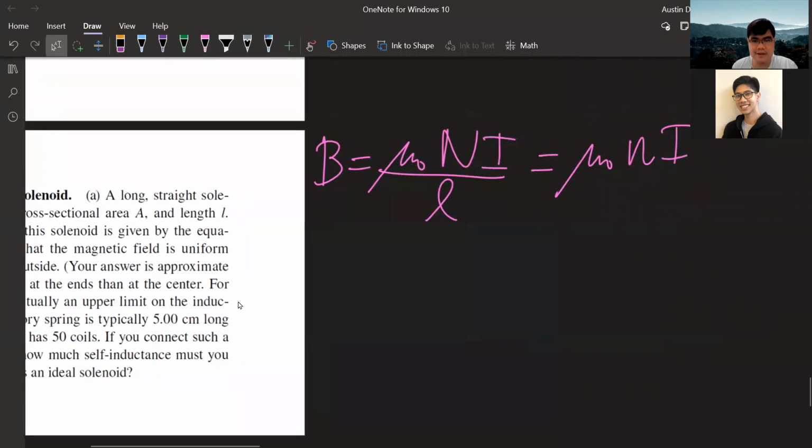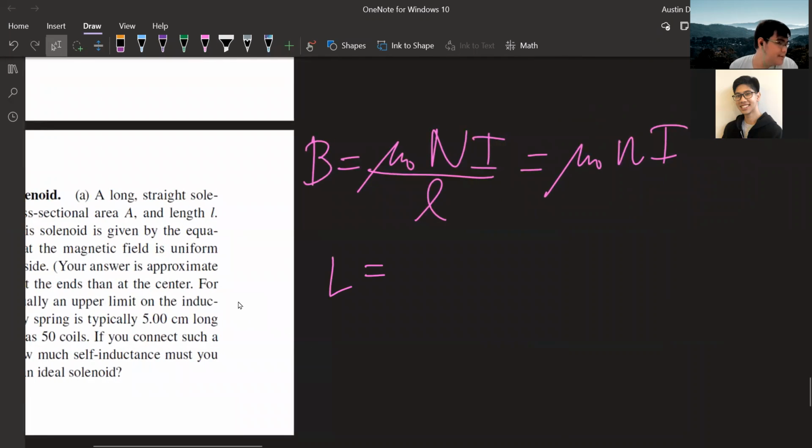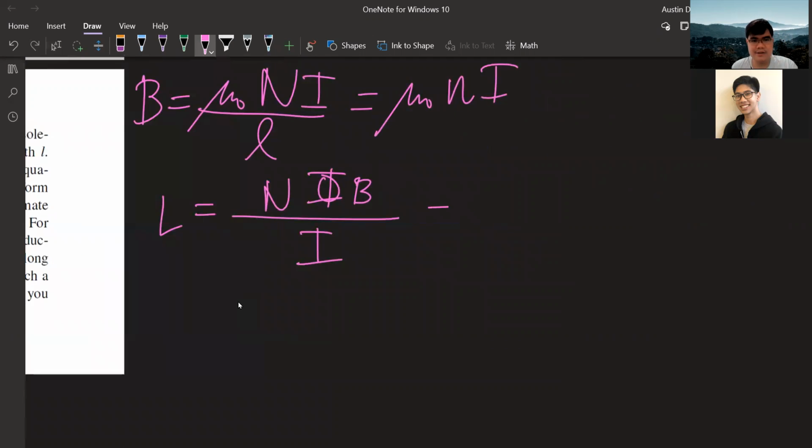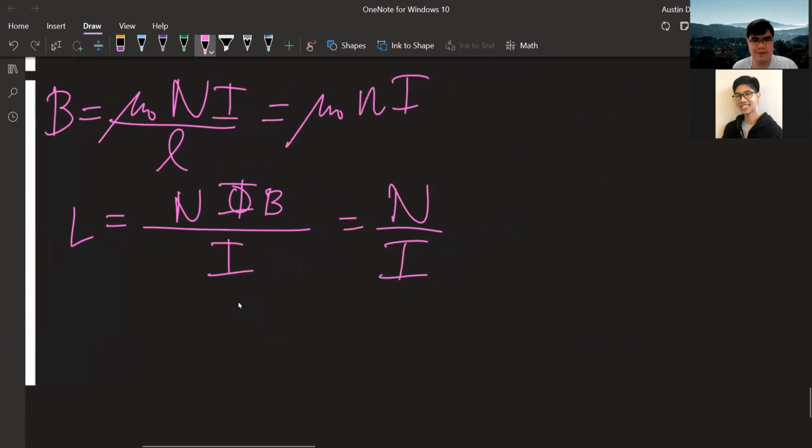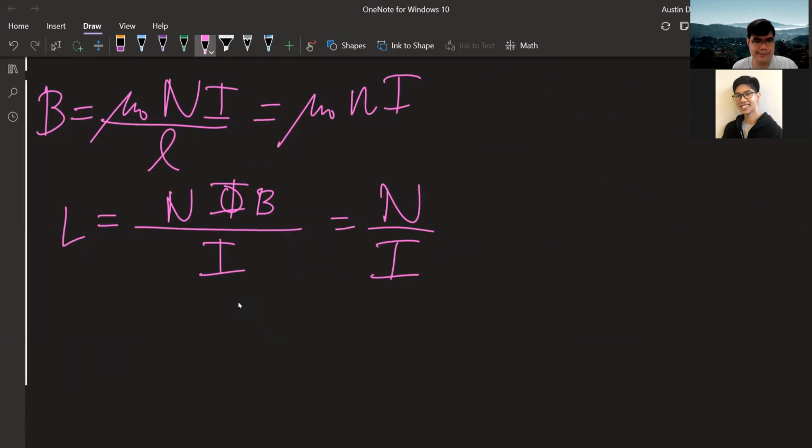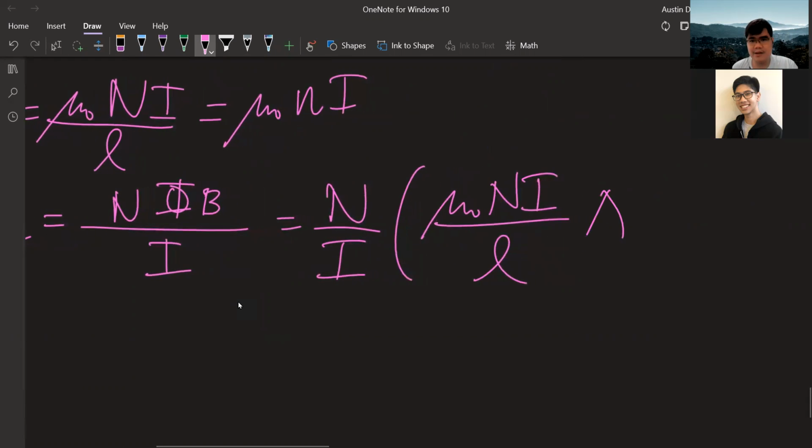So, the self-inductance is given by L, which is just the number of turns, the flux with itself, and the current I. Okay? So, that's recta na. N over I. The flux with itself would become kopyahin natin yung magnetic field due to the solenoid times some area.